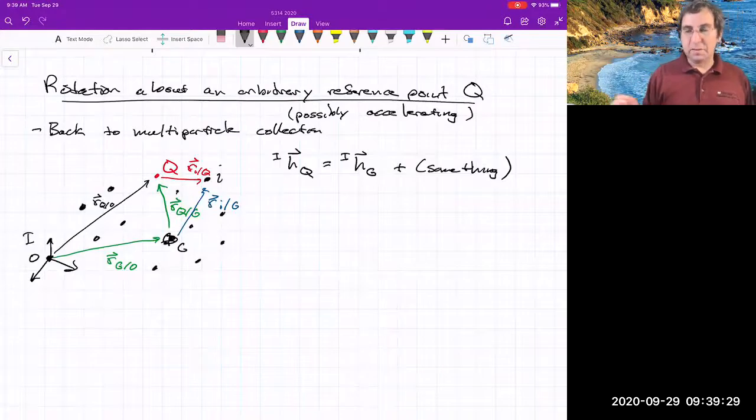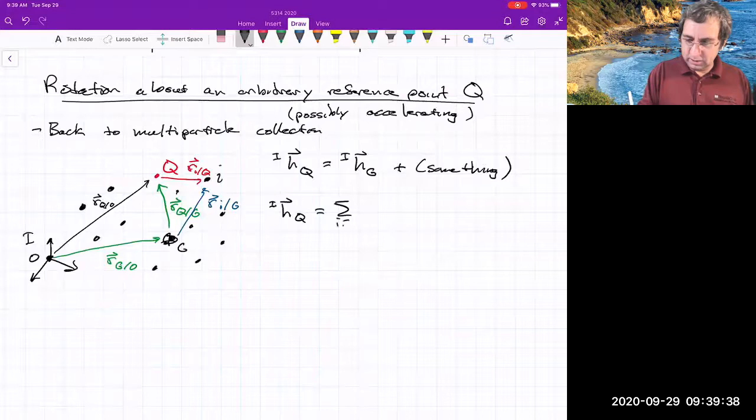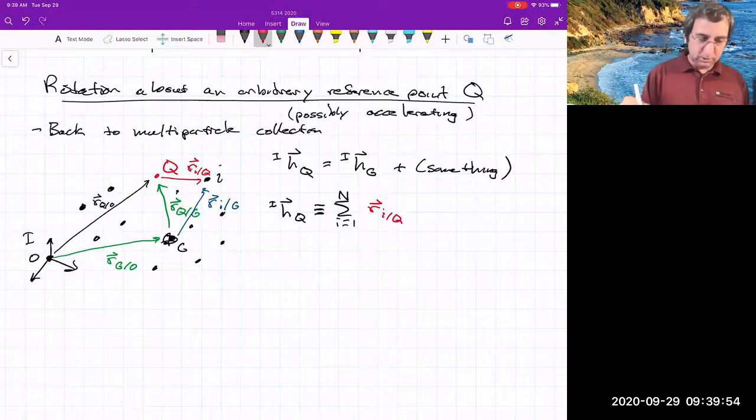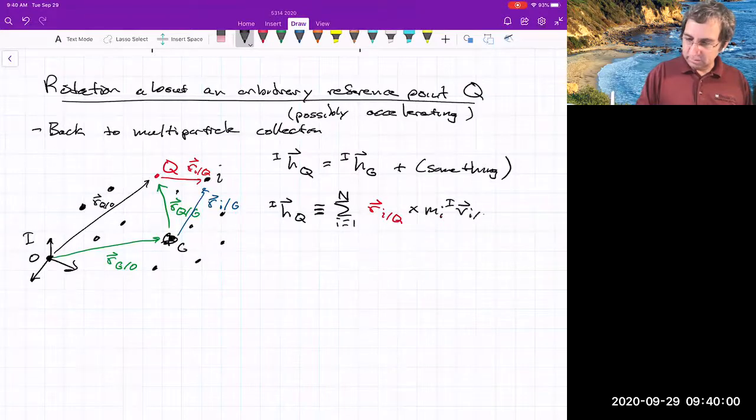So we first go back to the definition of what it means to be the angular momentum. The angular momentum of this collection of particles, let's say it's a collection of n particles, equals the sum of the location of each particle with respect to Q cross the mass times the inertial velocity.